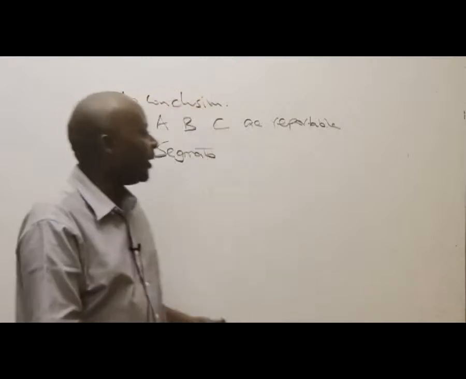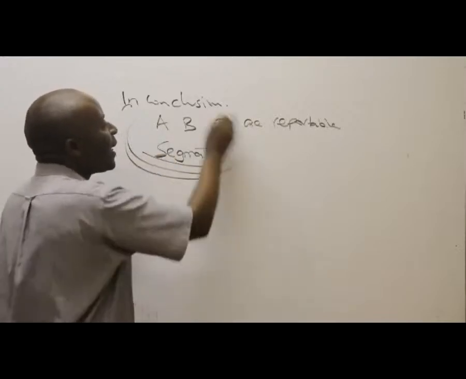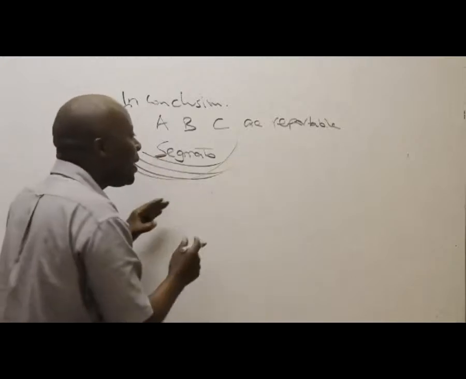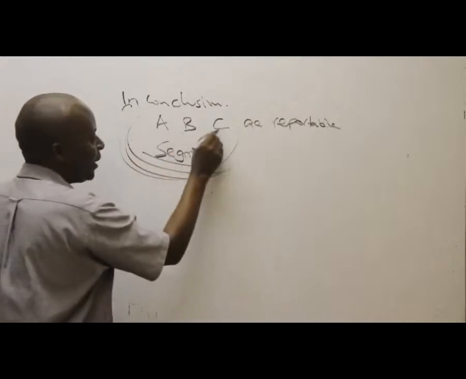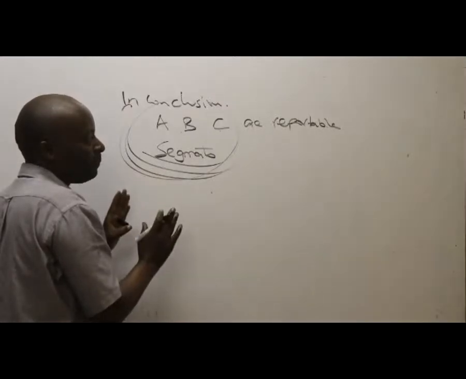But before we go, there is something. The question will be, are we going to report these ones only the way they are? We have said that A, B, C are the reportable segments.